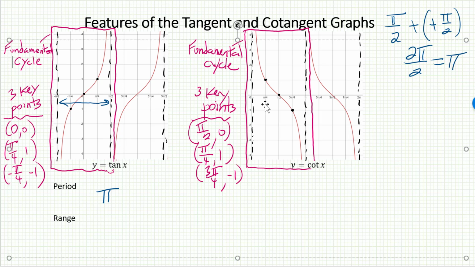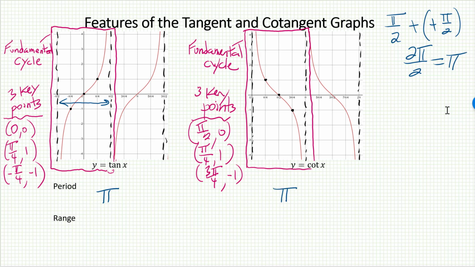The cotangent function is even easier to deal with. Once again, the whole shape repeats itself between the sets of vertical asymptotes, and I can see from 0 to pi here, obviously that's a distance of pi. From pi to 2 pi, that's another distance of pi. So the cotangent function also has a period of pi.